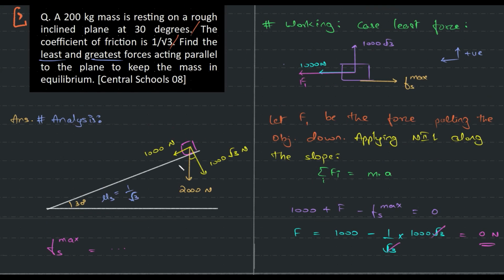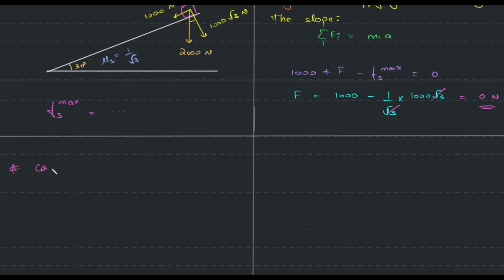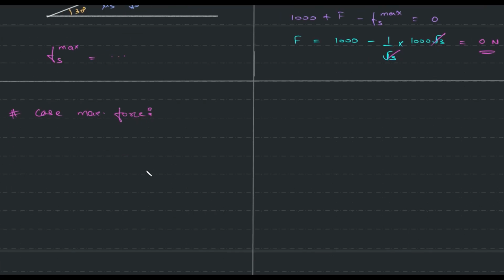Now let's look at the case of maximum force. The weight component is already there, the mass will not change, and the normal force will not change, 1000 root 3 Newton. Now we are trying to pull it up with a force F, and the friction will act in the opposite direction, Fs max.